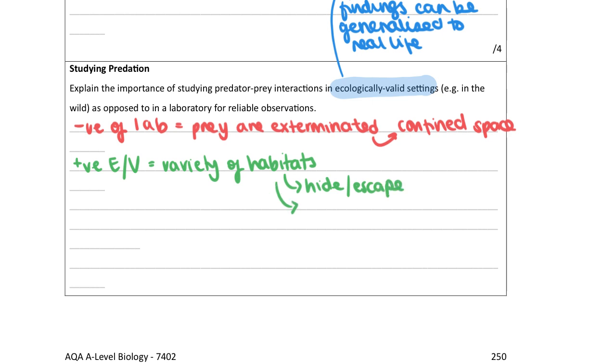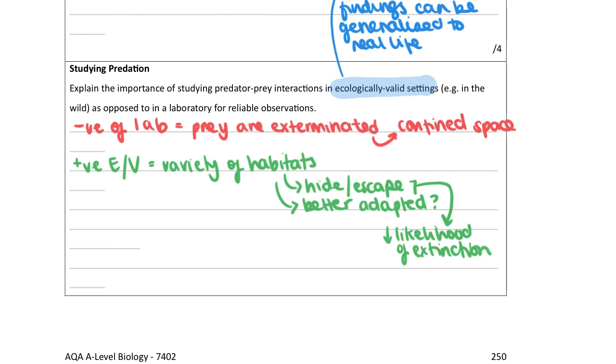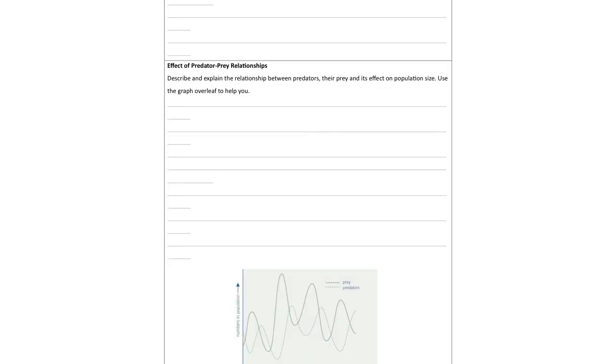Potentially the prey organisms are better adapted in some situations or some ecosystems than the predators. And therefore, with this hide and escape or the better adaptation, there is a reduced likelihood of that extinction event. So it's much more likely that this is the situation that's happening in nature, as opposed to 'I'm going to hunt you, I'm going to kill you, end.'